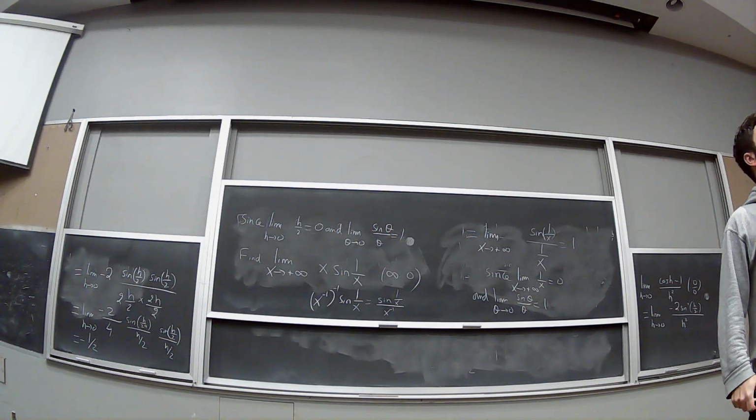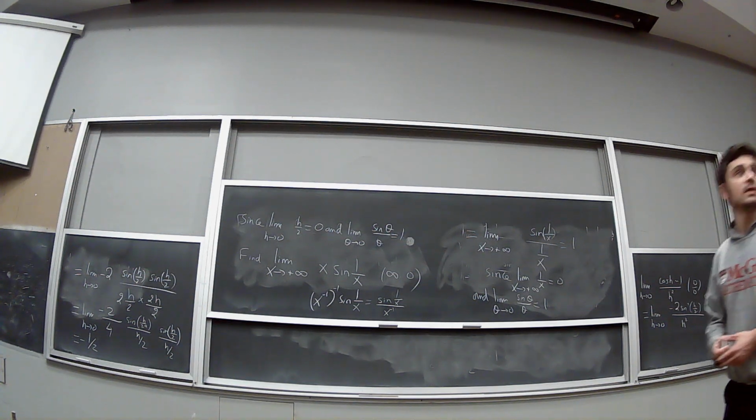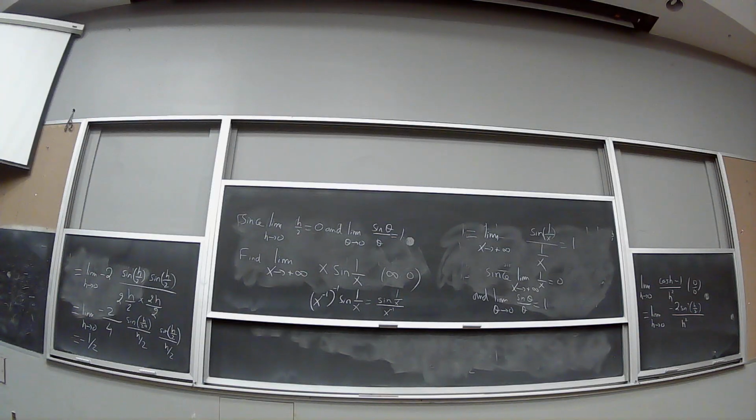Any more questions on this stuff? No? Great. Guys, you can't use the squeeze theorem. Let's see... No, I don't think it works. So you want to bound sine 1 over x by 1 and minus 1, right?